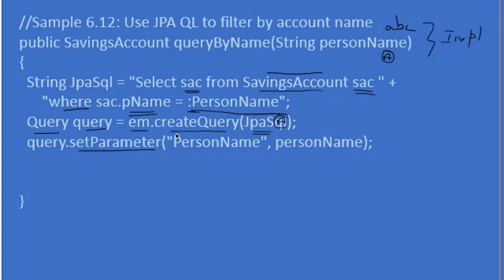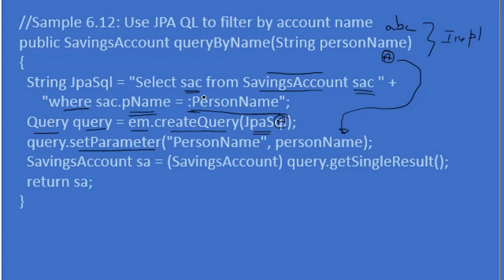Here if you notice, we remove the colon, but we specify this person name here, then we supply this value here. That means the parameter will be set here. So if ABC is passed, this colon person name will get replaced by ABC. Alright, now the query is ready with a value substituted in the parameter.